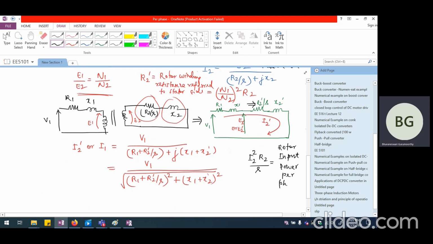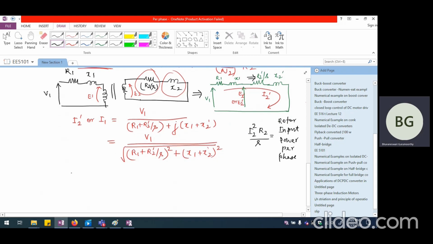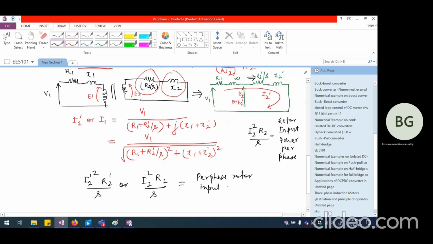I can write this as either I2 dash square R2 dash by S or I2 square R2 by S, because power is invariant whether I look at it from the primary side or secondary side. So this is going to be the per phase rotor input power.